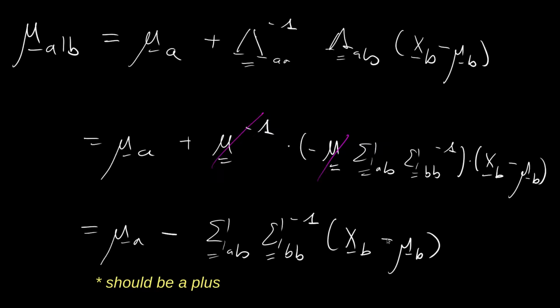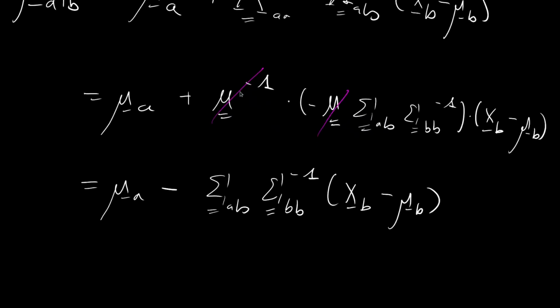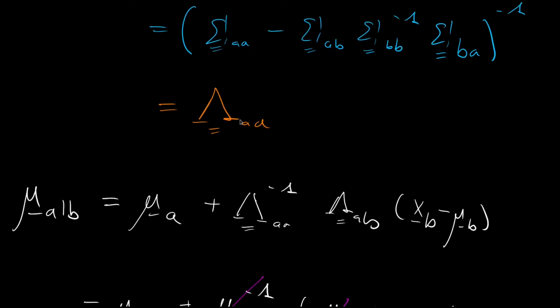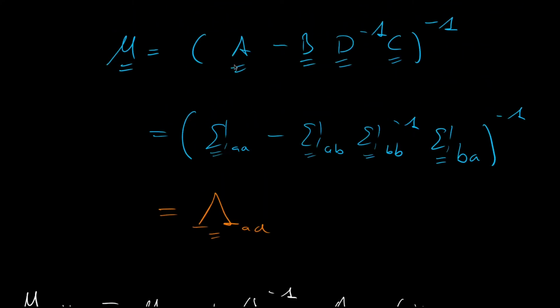So there is no lambda involved anymore. And since we already know that lambda AA inverse is our sigma A given B, we just have to invert it, or essentially just remove the inverse, and then we have the inverse of the Schur complement being our conditional covariance matrix.